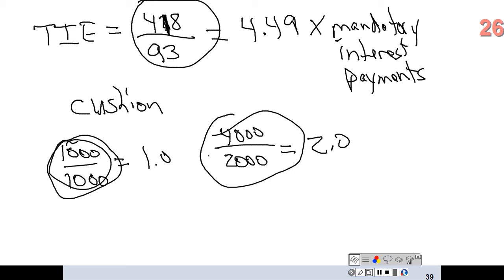Well, that's the same thing here. With these interest payments, which are $93,000, this company has to make them. So again, the times interest earned ratio, think of the name, simply gives us an idea of how much cushion the company has when it comes to the mandatory interest payments.